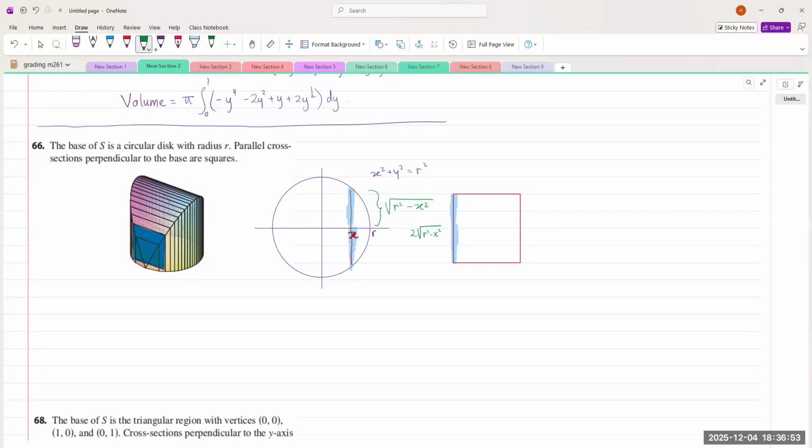Now then, the area of that cross section as a function of x will be, it's not pi anymore. That's a square. What is the area of a square? The area of a square is the side squared, which will give us 4 times r squared minus x squared. Now what is the volume of this solid then?